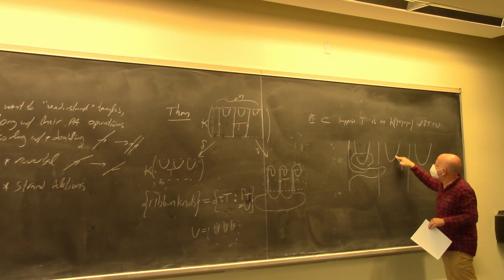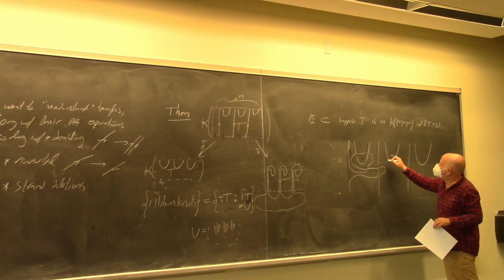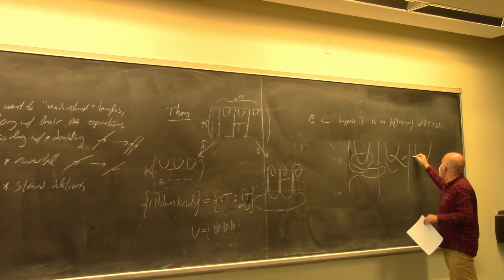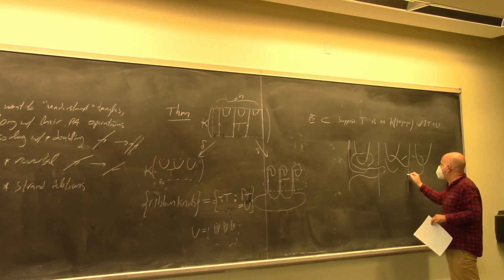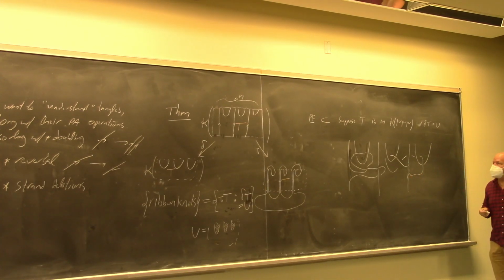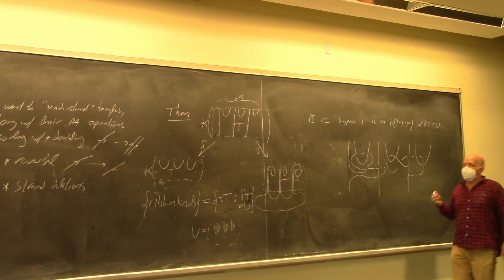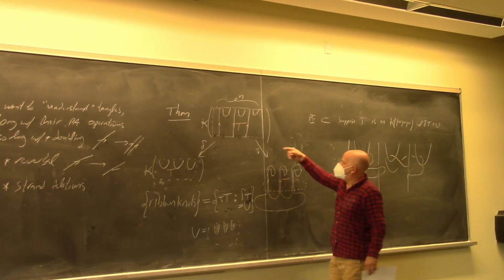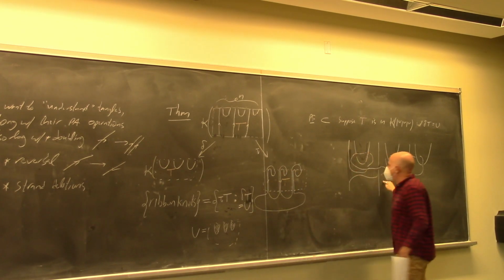So this one could go through this cap, then out and through that cap, and then that here. But it could be more. That's the schematic of the picture. Now let's compute tau of this.